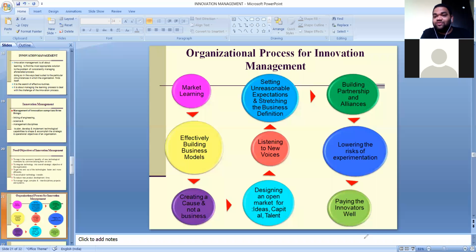The objectives framed by the management should be defined, meaning explainable, approachable, and accomplishable. But here I am using the phrase setting unreasonable expectations. Unreasonable expectations means keeping expectations higher, to make us move more and motivate us more. That is why we use the phrase unreasonable expectations.